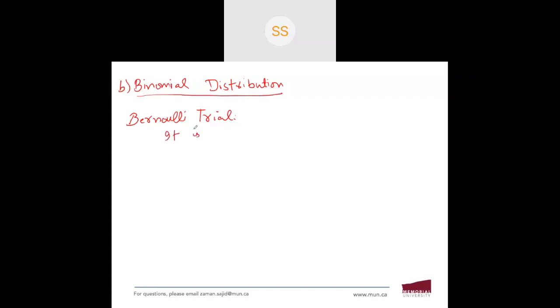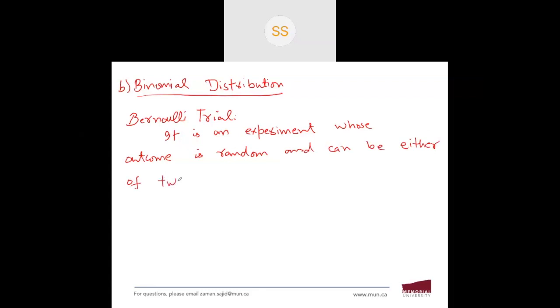It is an experiment whose outcome is random and can be either of two possible outcomes.